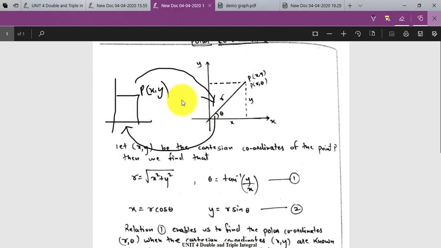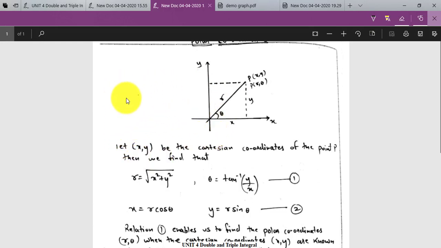This is what you have studied in your polar coordinate system. Let x, y be the Cartesian coordinates of the point P. This is r, so by Pythagoras r is the square root of x square plus y square. Tan theta is y by x, therefore theta is tan inverse of y by x.